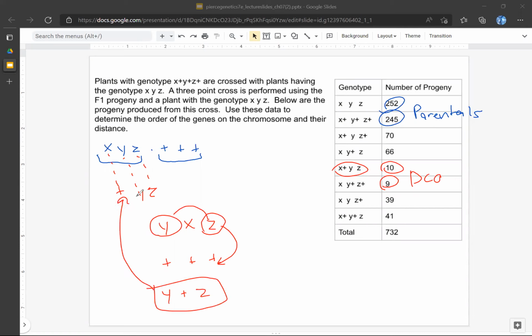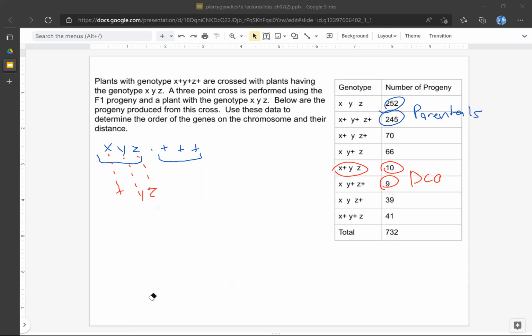And we know that X is the one in the center. So we know that X is our central gene.